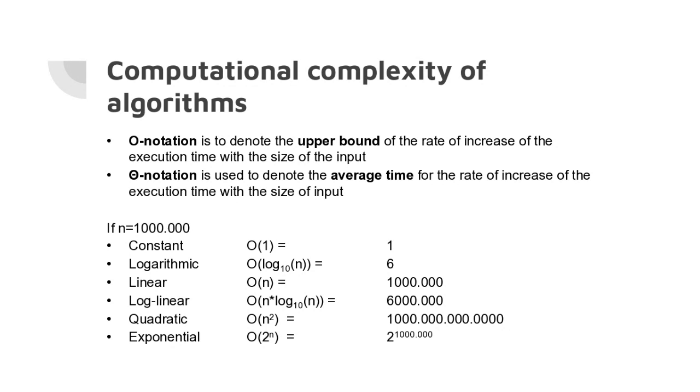And then we have log linear, and we saw that, for example, for sorting, you can go from quadratic to log linear. Log linear is n times log n. That means for an input size of 1 million elements, we're going to do about 6 million instructions. So the log 10 of n is 6, times a million is 6 million.